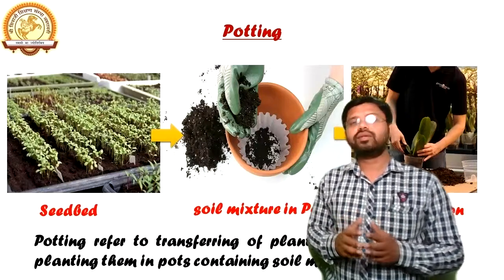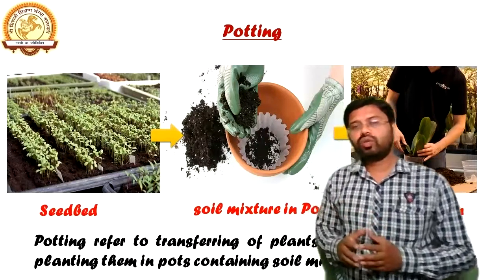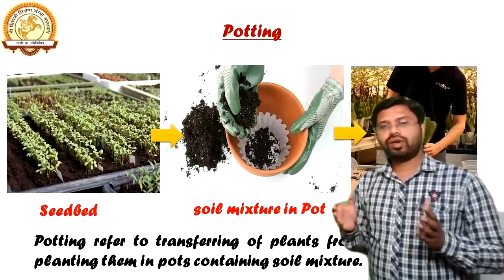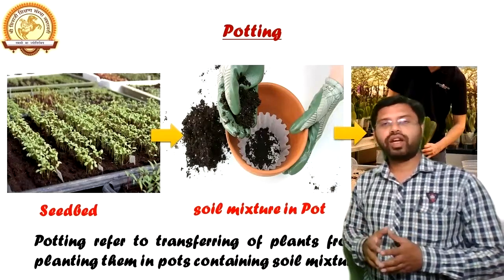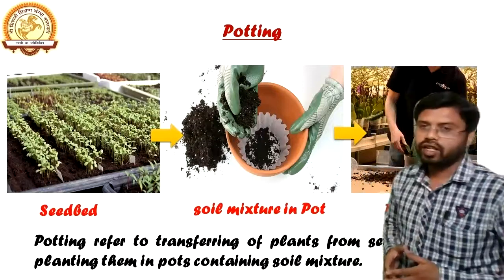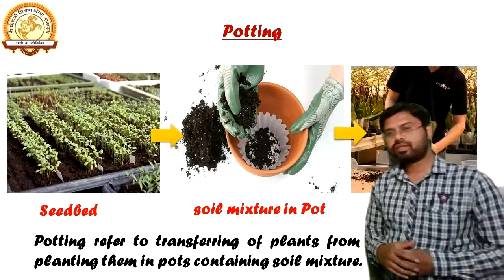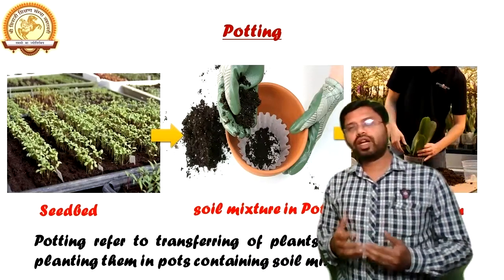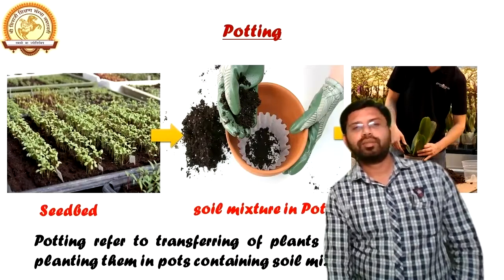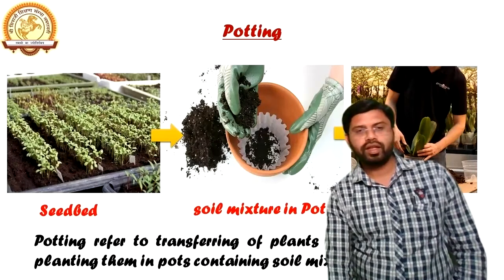After that, these plants are transferred to a soil mixture in a pot. So we have a particular type of soil in a pot, and then we plant the plant in this pot. It is the technique by which we plant our ornamental plant in a pot.